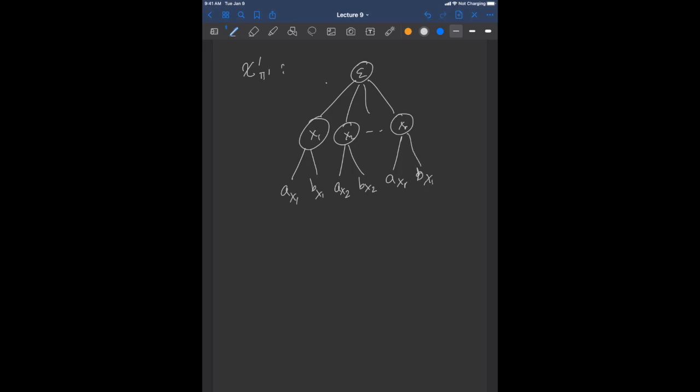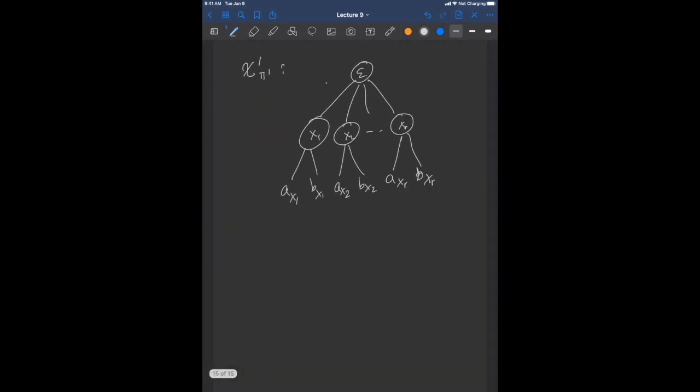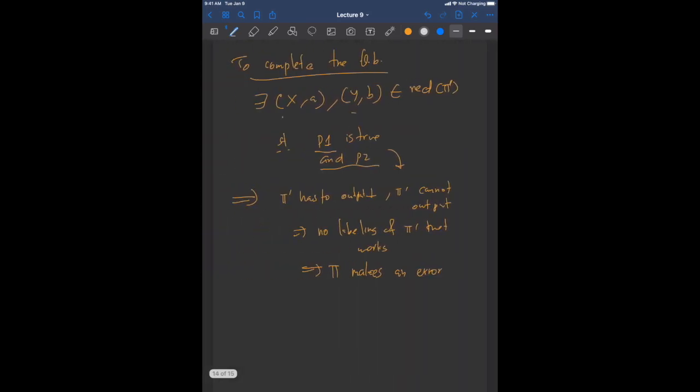So how are we going to construct this x and y? We want to show that there is some input like this in the rectangle of pi which satisfies all these promises. We will not be able to construct this in a very constructive manner.